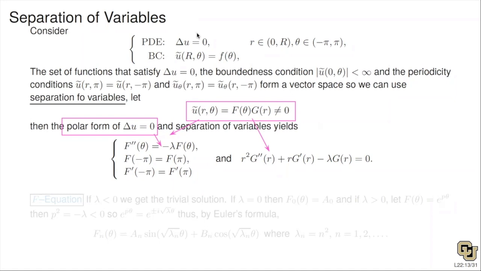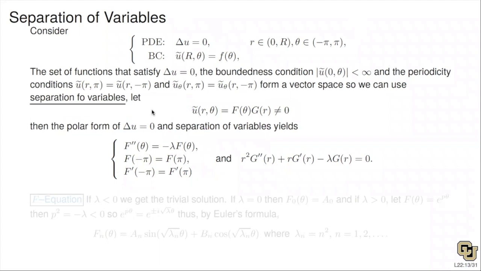Here the F equation is in terms of theta. And so these boundary conditions that have to do with theta, I'll show you in a second, will give us these boundary conditions that we see for the F equation. So I'll do the separation of variables explicitly in a second.